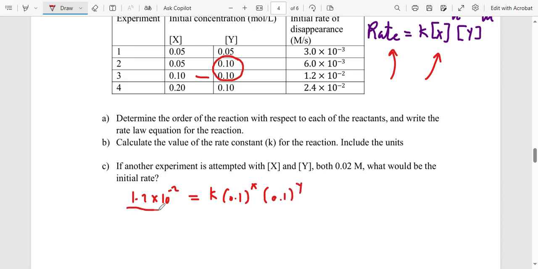And then for equation 2, the rate, you can see, is 6.0 times 10 to the power negative 3.